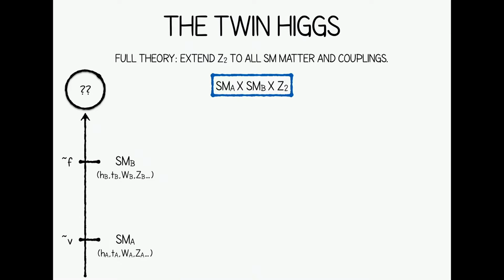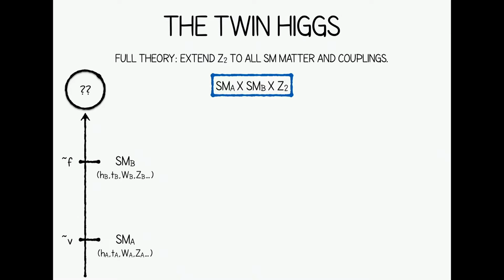Okay, so to apply this not just to the SU(2) parts of the standard model, but to all of the couplings, we would need to promote the symmetry to an exchange symmetry that exchanges our standard model with some other standard model. So let's call our standard model A, let's call the other standard model B, and let's call the Z2 symmetry an exchange symmetry that exchanges all of the field labels in standard model A with the field labels in standard model B.